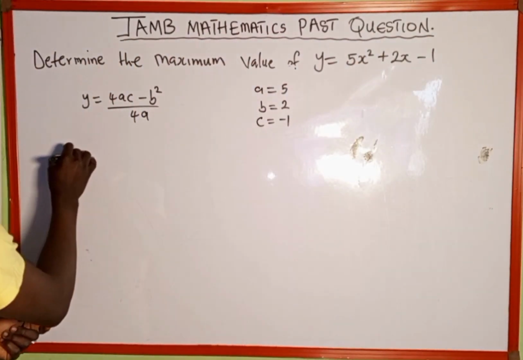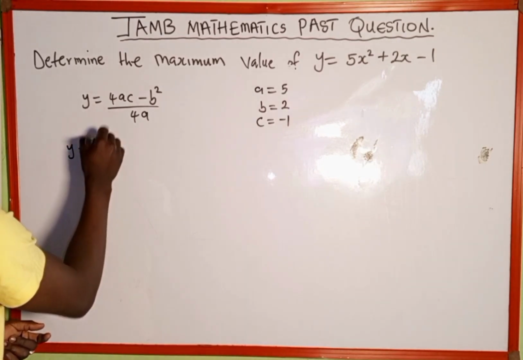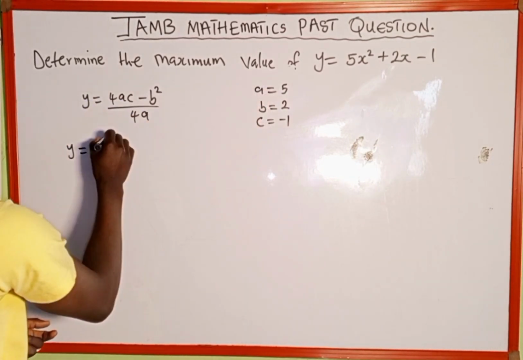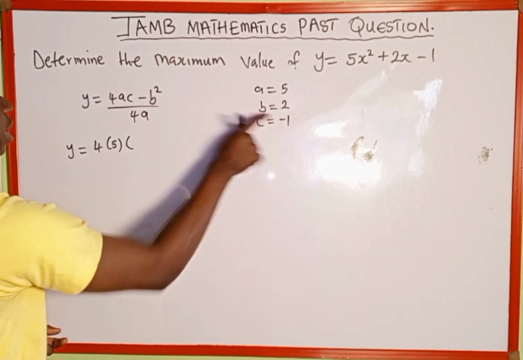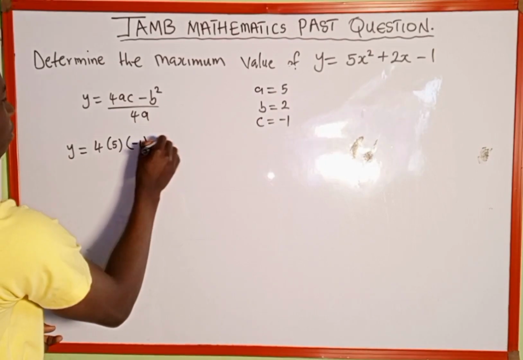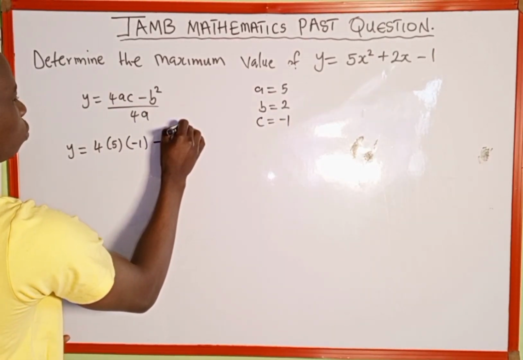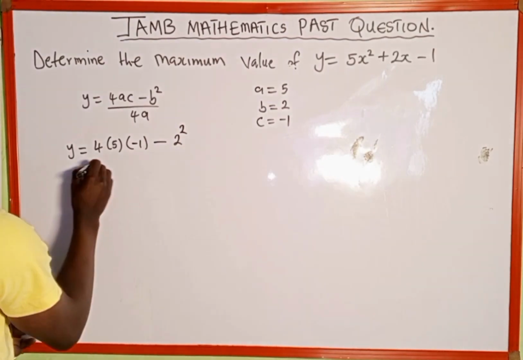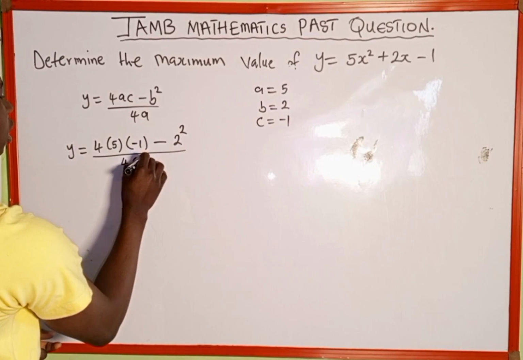So y is equal to 4 multiplied by a, and a is 5, so 4 multiplied by 5, then multiplied by c, and c is the constant negative 1. Then minus b squared. What is b? b is 2, so this is going to be 2 raised to the power of 2. Then everything all over 4 multiplied by a, and a is 5.